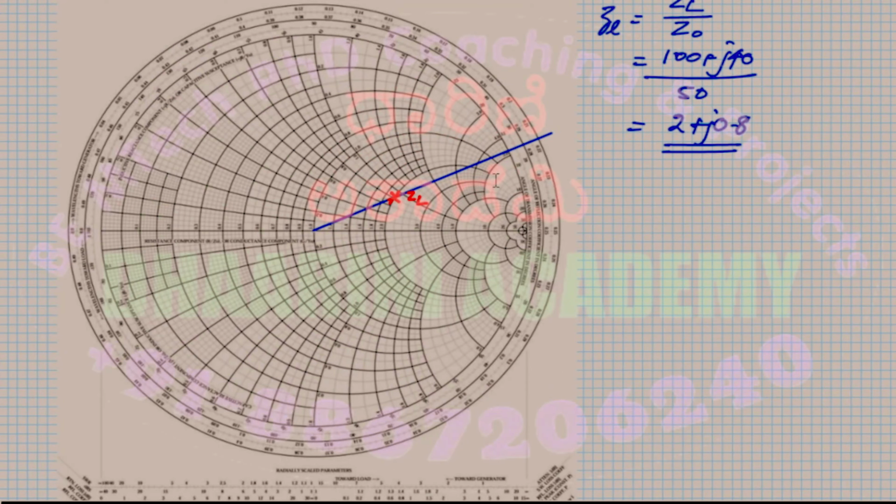Please tell me. I think 0.21, maybe it's a 6 or 8, I guess. Just check and tell me. Okay, 0.216 lambda. Fine.